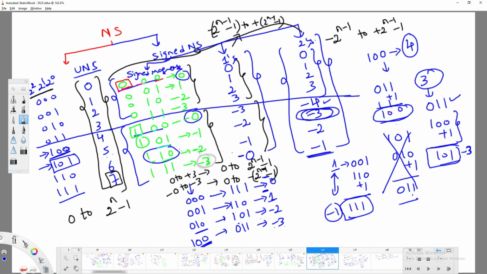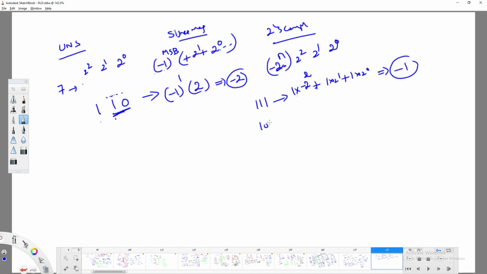So check anything else. Take 100. 100 means 0 into 2 power 0, 0 into 2 power 1 plus 1 into minus 2 power 2. So you are going to get minus 4. Right, guys, try to observe. I am trying to modify a small thing. 1100.